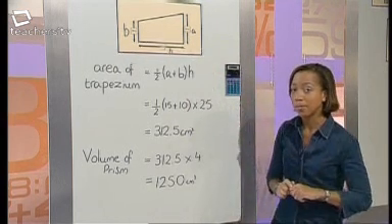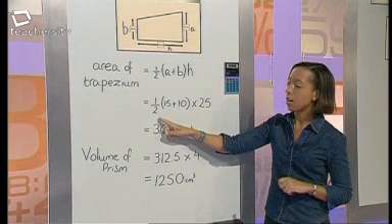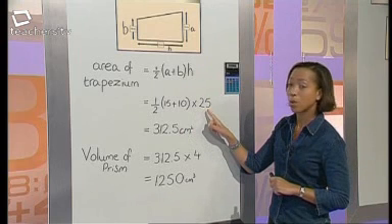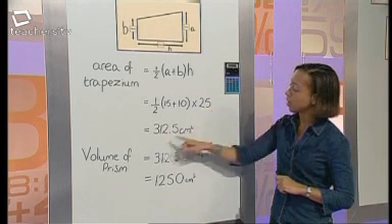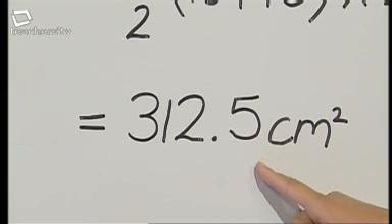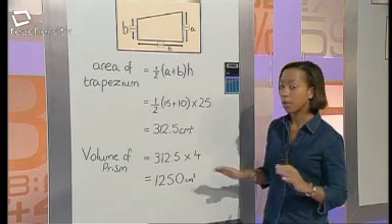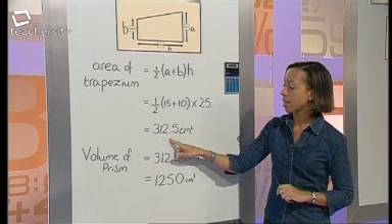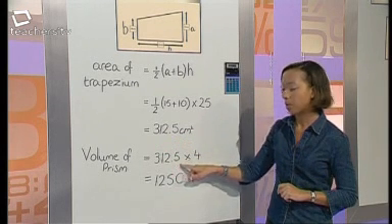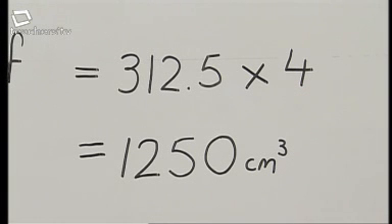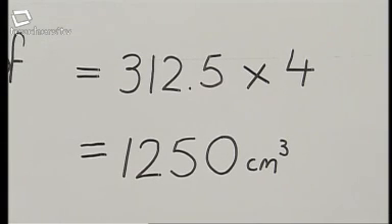For this trapezium, the area is half 15 plus 10 multiplied by 25, which gave me 312.5 square centimetres. The volume of this prism is this area multiplied by the length, which is 4. So the answer is 1,250 cubic centimetres.